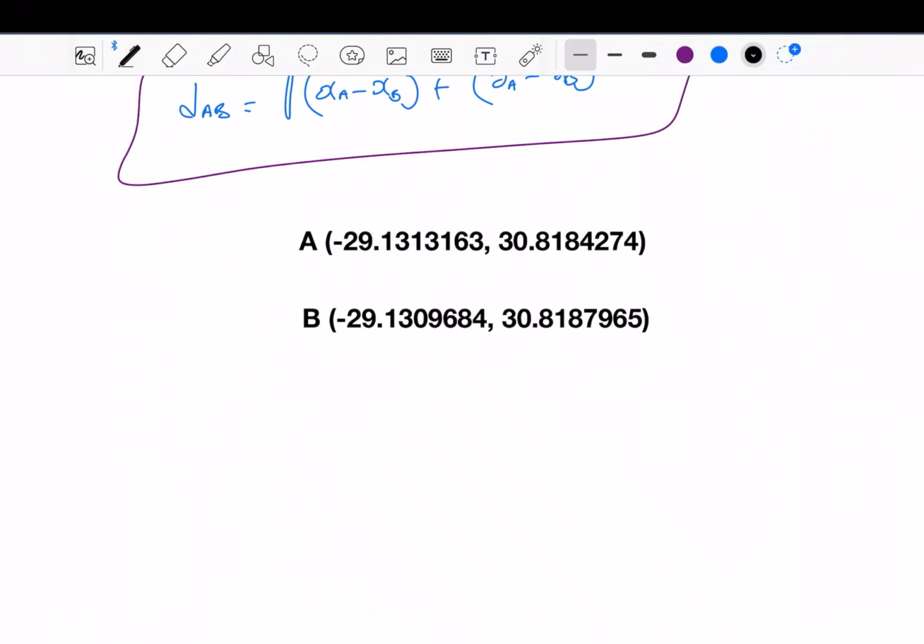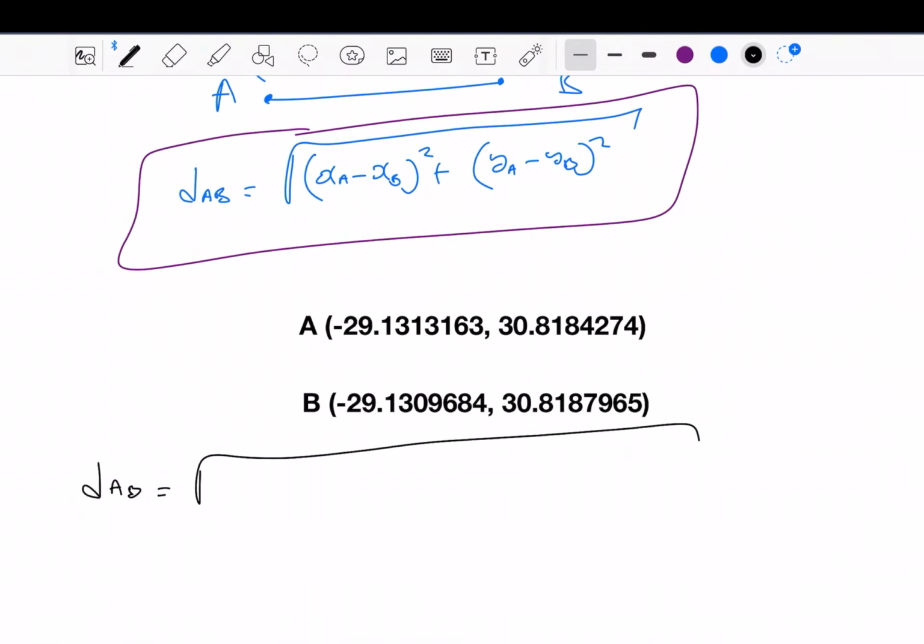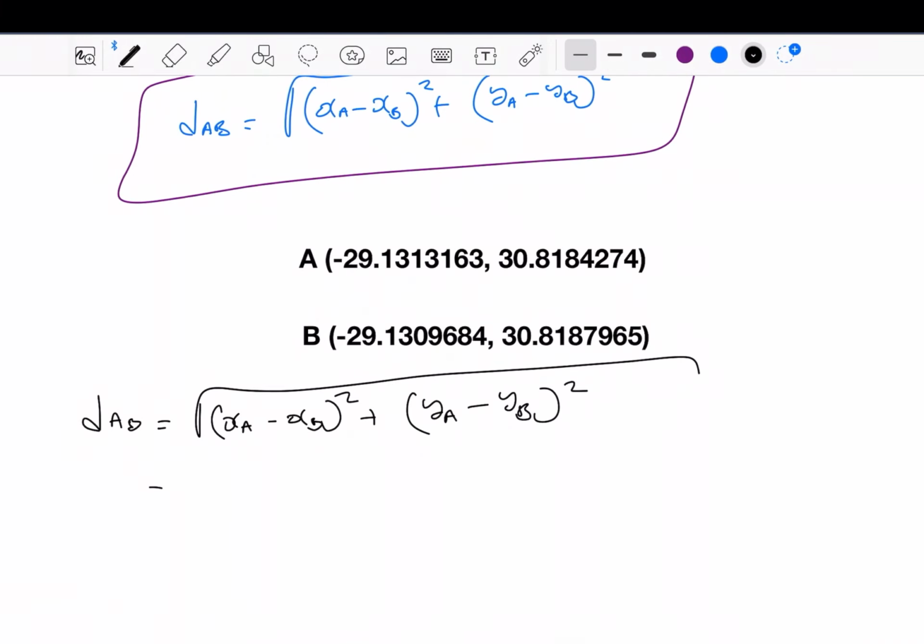So you have point A and B. So the distance between A and B, we know from the equation, is the square root of the x value of A minus the x value of B squared plus the y value of A minus the y value of B squared. So what is the x value of A? You can take your calculator and punch in these numbers.